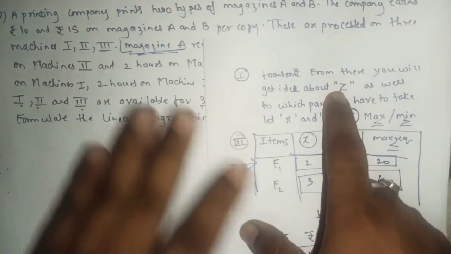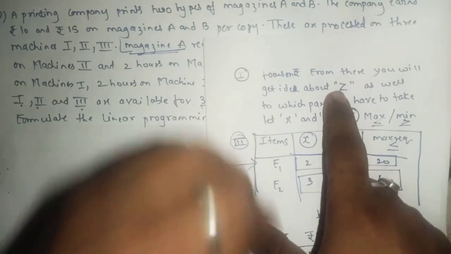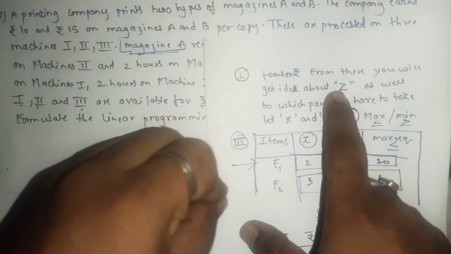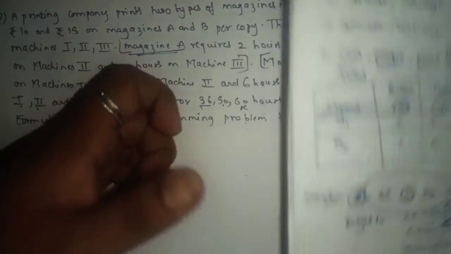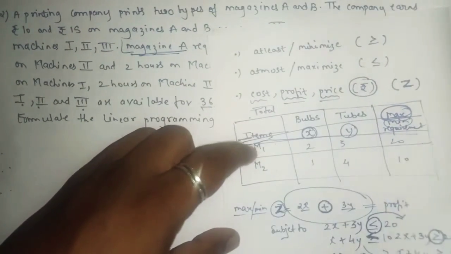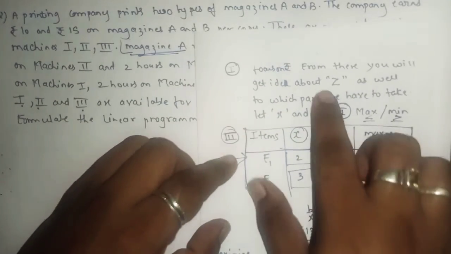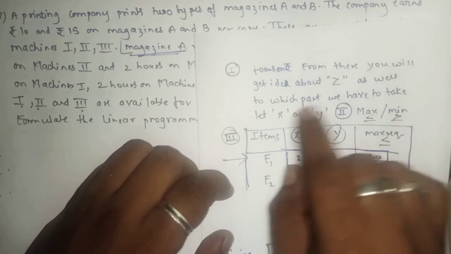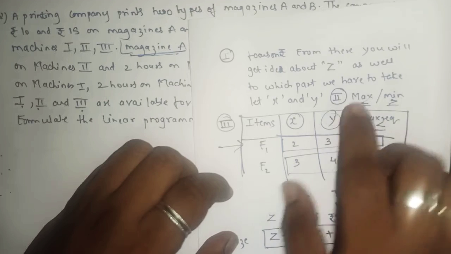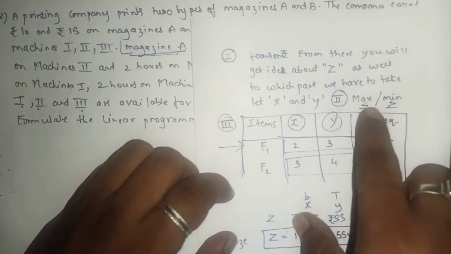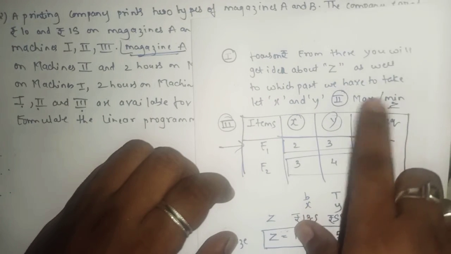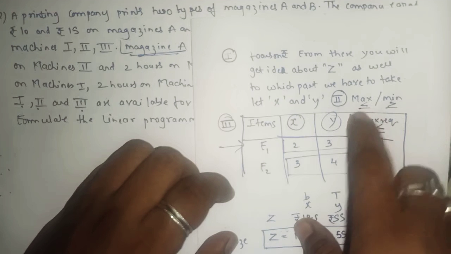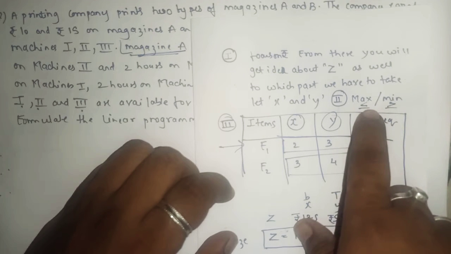Just simply you have to focus on the rupees, where rupees is given, or else where the word cost, price and profit is given. From there you will get the idea about z, as well as which parts we have to consider as x and y. Then you have to check whether a particular question is based on maximize or minimize. If it is a maximize requirement, the symbol will be less than or equal to.